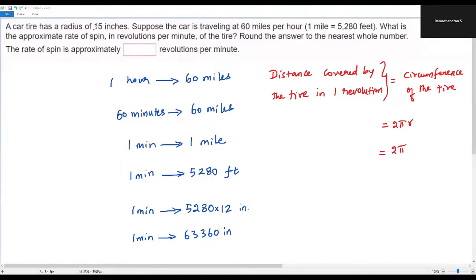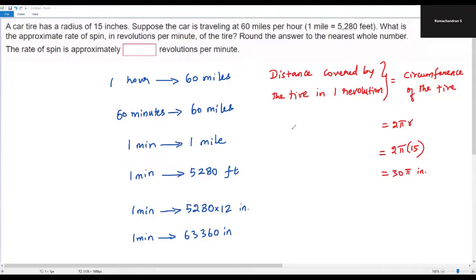The radius is given in the question, 15 inches. So we plug in 15 for r. 2 times 15 is 30, so we get 30 pi inches. The distance covered by the tire in 1 revolution equals 30 pi inches.